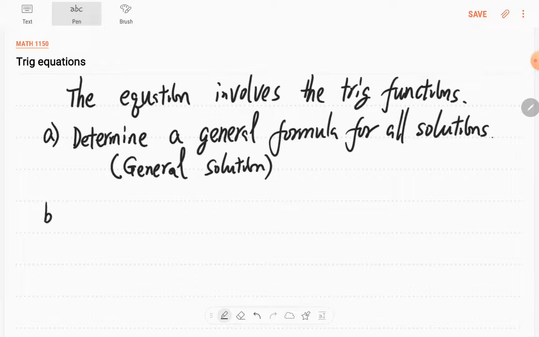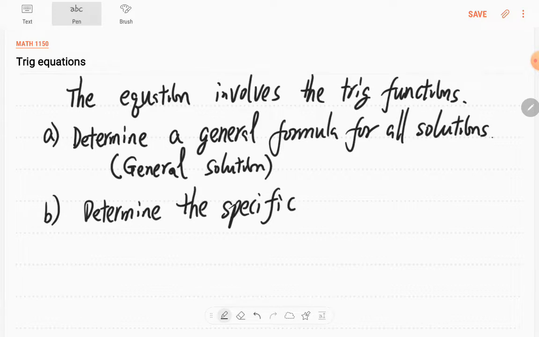The other thing we needed to do is determine the specific solutions on the interval from 0 to 2 pi.